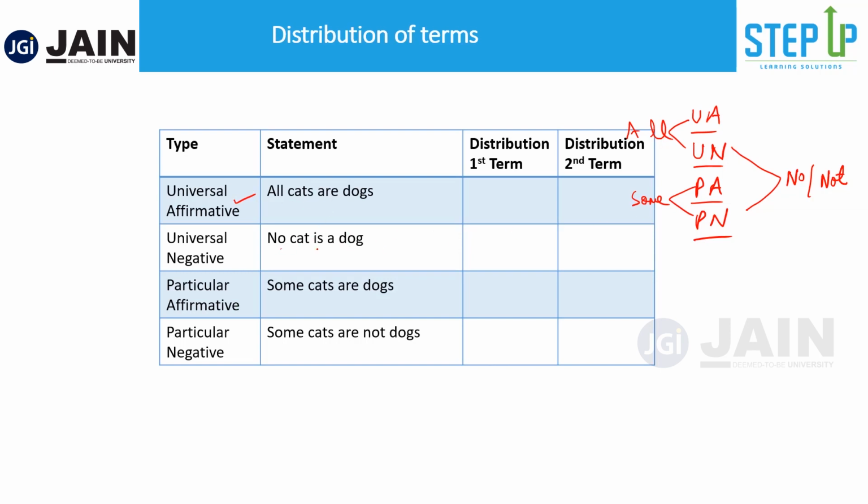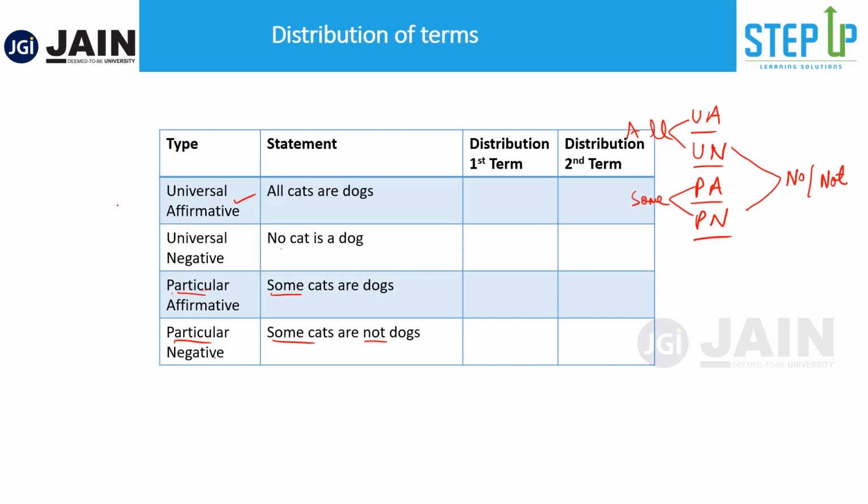There is no "some", that is, it is not for particular cases, right? It's for universal cases. So no cat is a dog is UN. Some cats are dogs. This is for "some". The moment you see "some", it has to be a particular case. And because there was a "not" here, we had said particular negative.